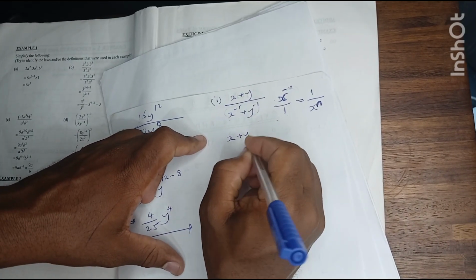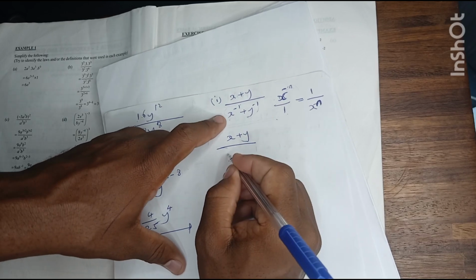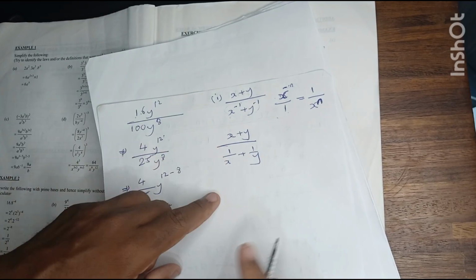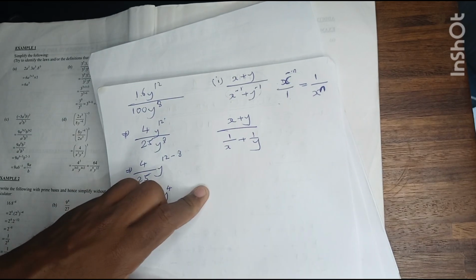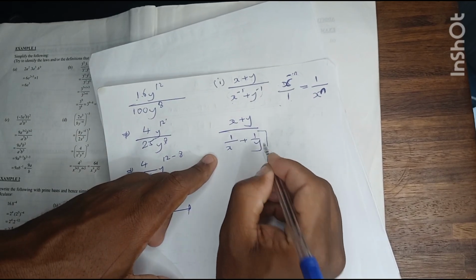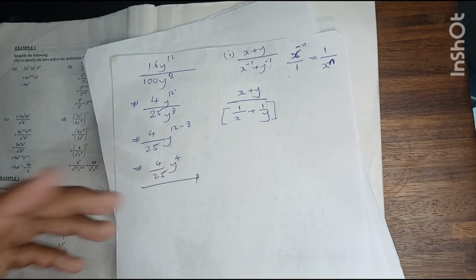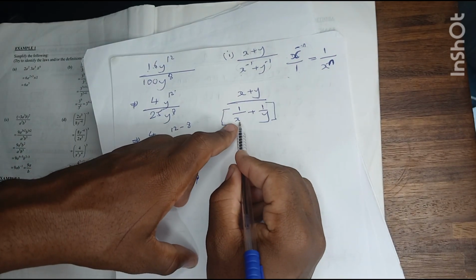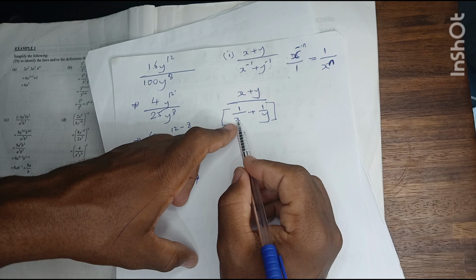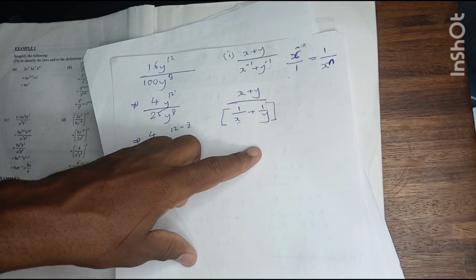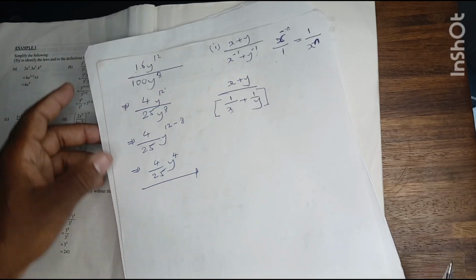So now we have x plus y all over 1 over x plus 1 over y. What we are going to do here is solve this part. For us to solve this part, what we need is the lowest common factor of x and y, which is the denominator.